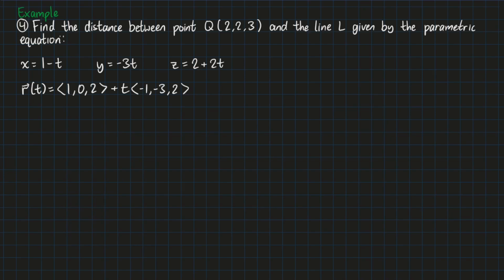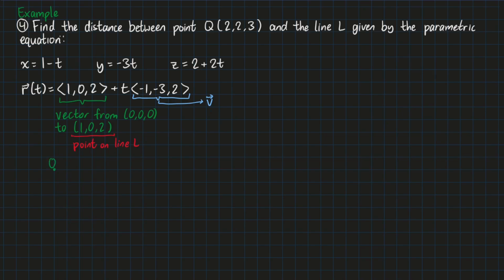Remember, this is the vector that takes us from the point (0, 0, 0), which is the origin, to (1, 0, 2), which is a point on the line. And then this part, this is the vector v along the line. So we can draw a picture.